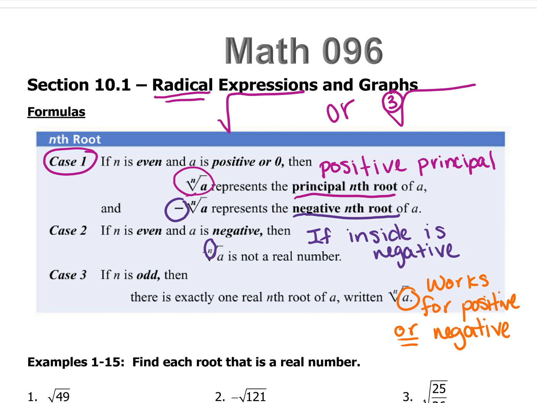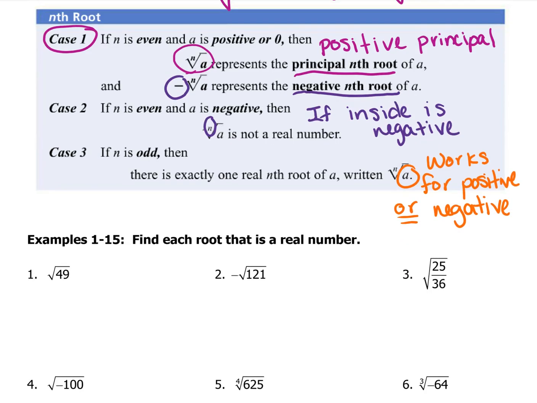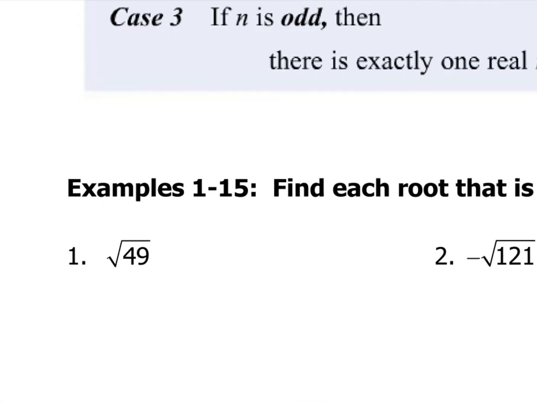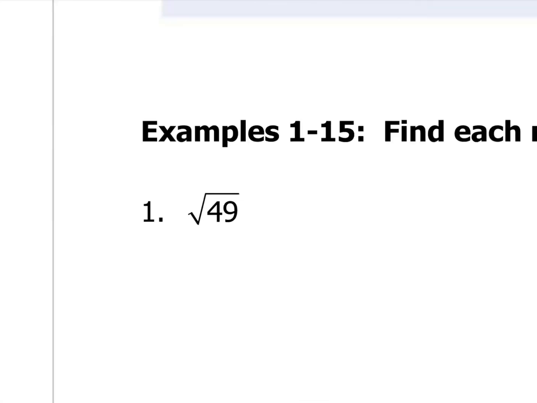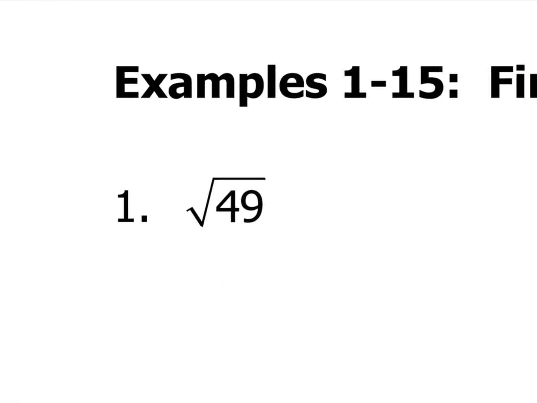So that's all I have for the rules. Make sure you get the rules down, and then we're going to do some examples. On number 1, for 1 through 15, you're supposed to find the root, and you don't have your calculators. When there's no number right here, you're always looking for pairs. So I'm going to factor down 49, and I have to think what times what makes 49.